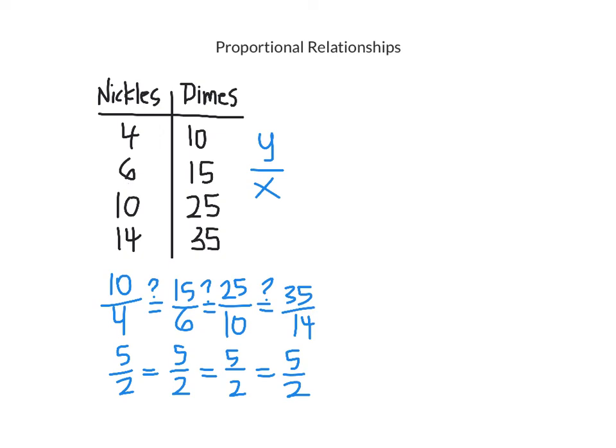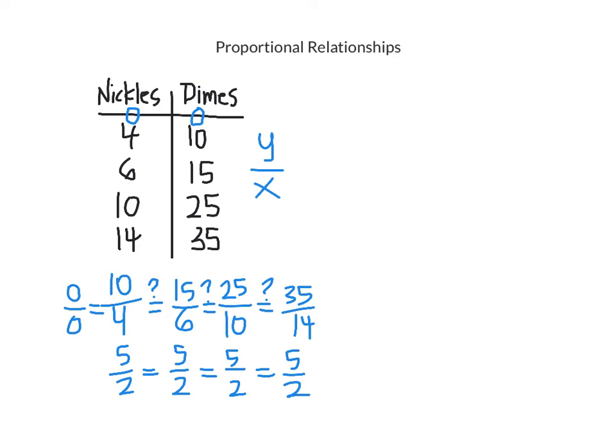It does vary directly. The number of nickels and dimes varies directly. And one more question. What if they give me 0, 0 as one of the ordered pairs? Well, is 0 over 0 going to equal any of this?